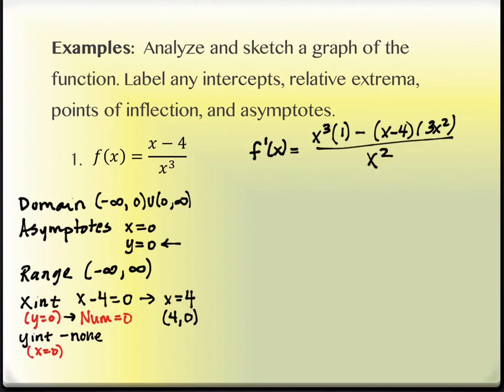And I have to clean this up, right? And I have to set it equal to 0 and find those potential critical points. Yes. Thank you. Get that in there. I appreciate it. All right. You ready? Cleaning it up? Are you okay? Yeah. Okay. All right.